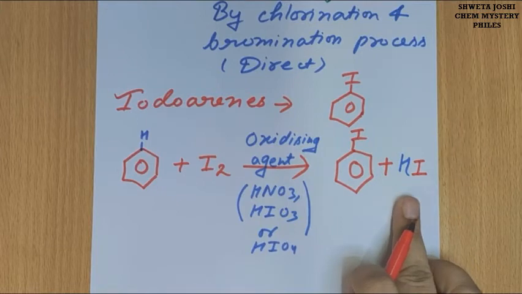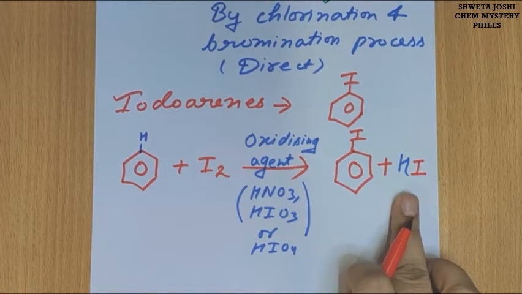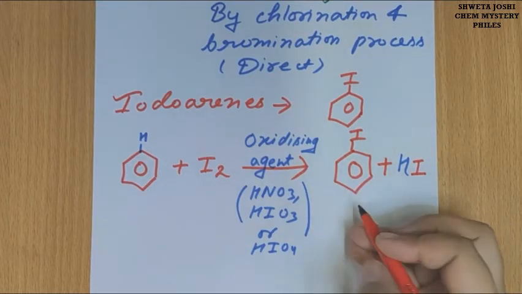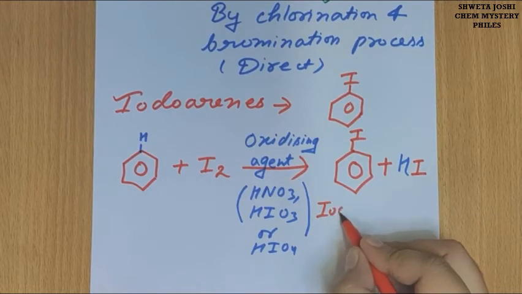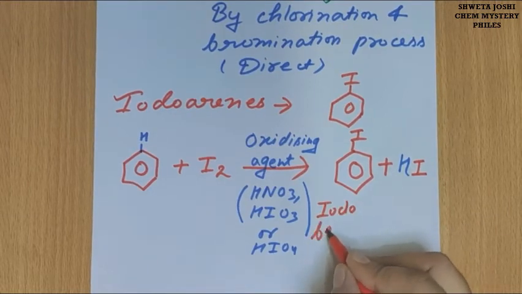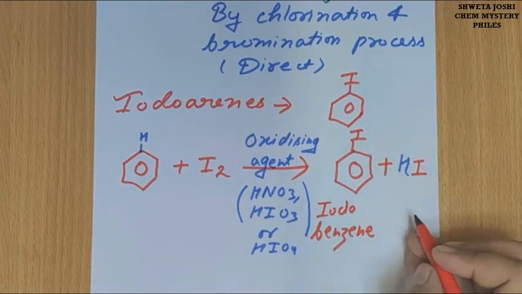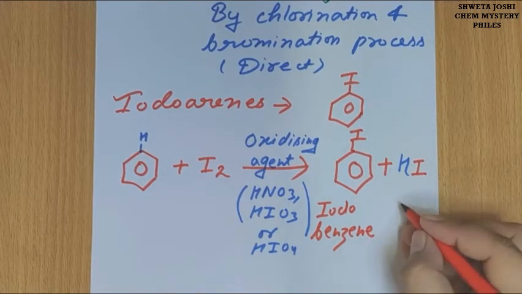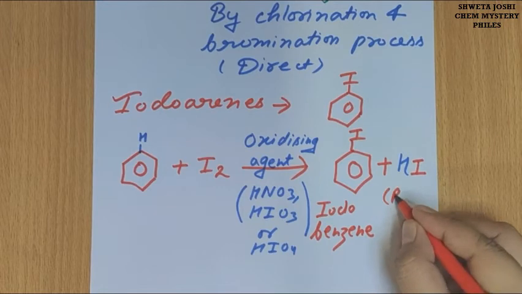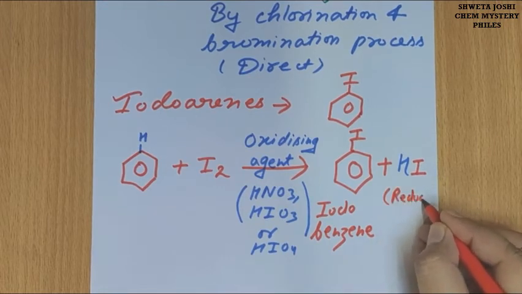Now in this case, the HI formed as the side product is a strong reducing agent. This is your iodobenzene. And this HI formed in this reaction is a strong reducing agent.